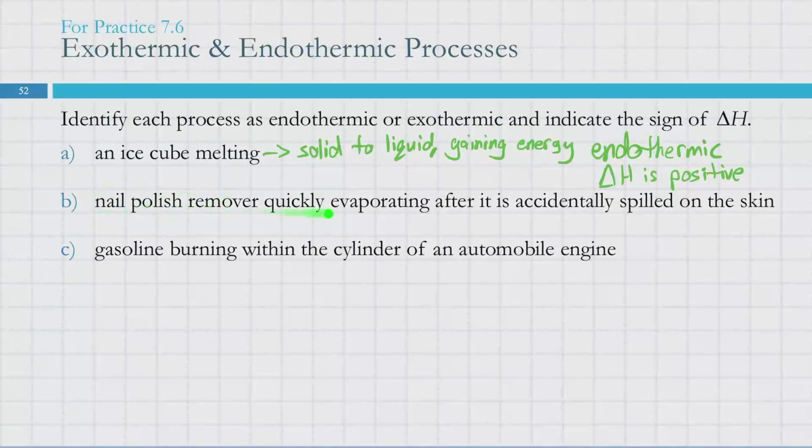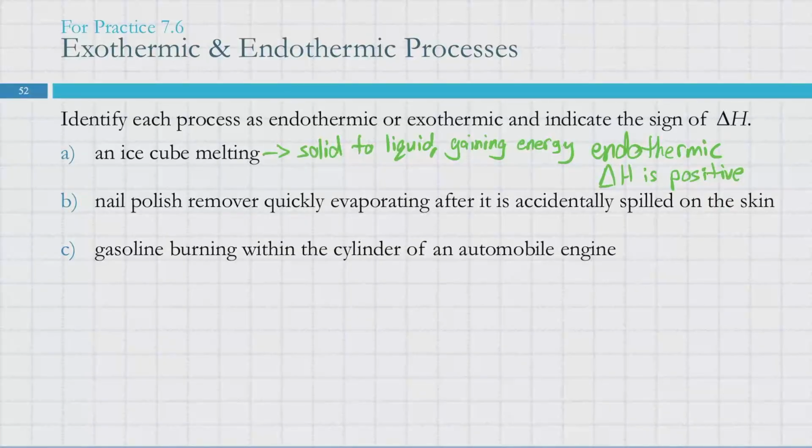Nail polish remover, quickly evaporating after it's accidentally spilled on the skin. Or you could also think of putting on hand sanitizer. As it's evaporating, is it gaining heat or losing heat? Does it make you feel cold or hot? It's gaining heat. It makes your hands feel cold because it's stealing heat from your hands, so your hands are losing heat.